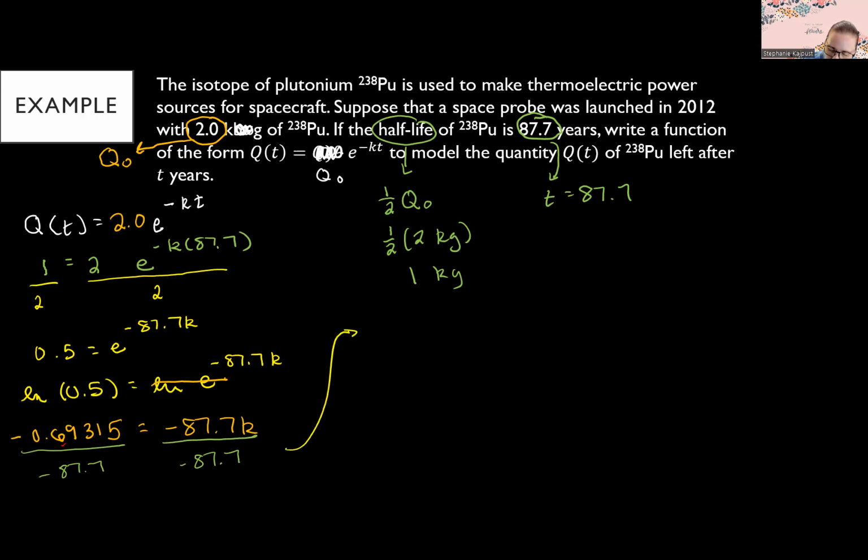I kind of ran out of room here, so we got k equals negative 0.69315 divided by negative 87.7. That gives us k equals 0.007903649. I made sure I wrote down the correct number of decimal places.